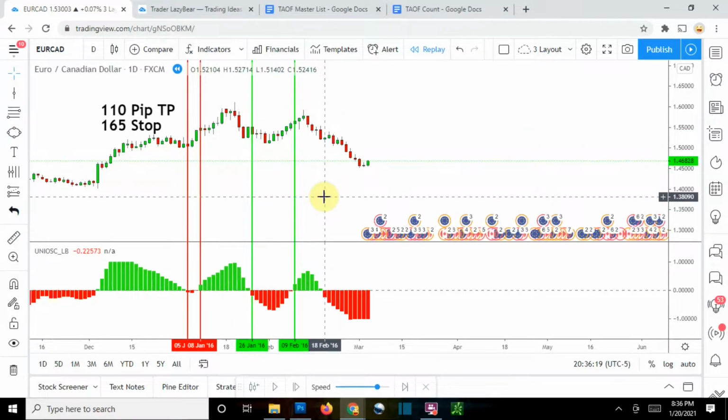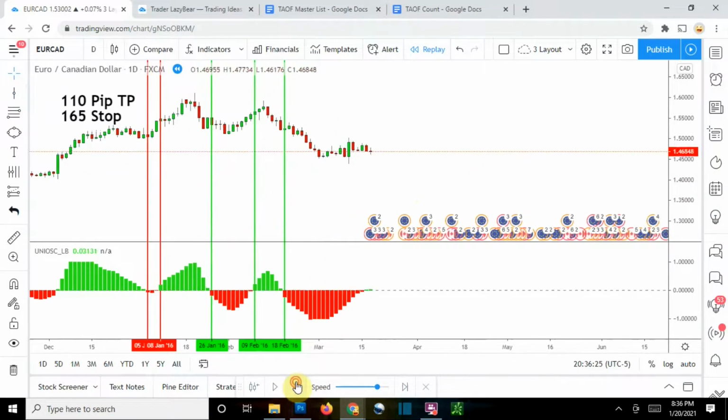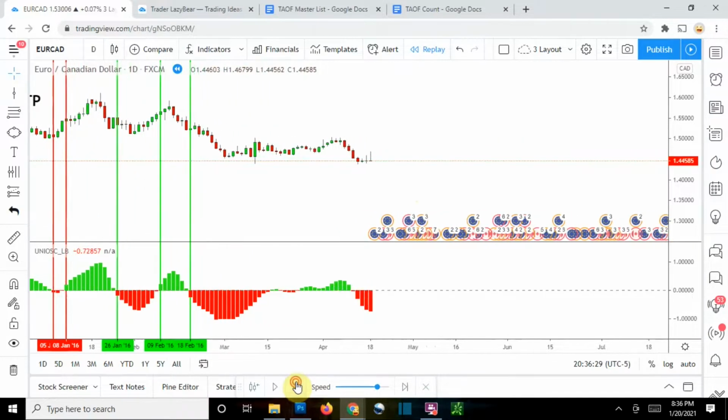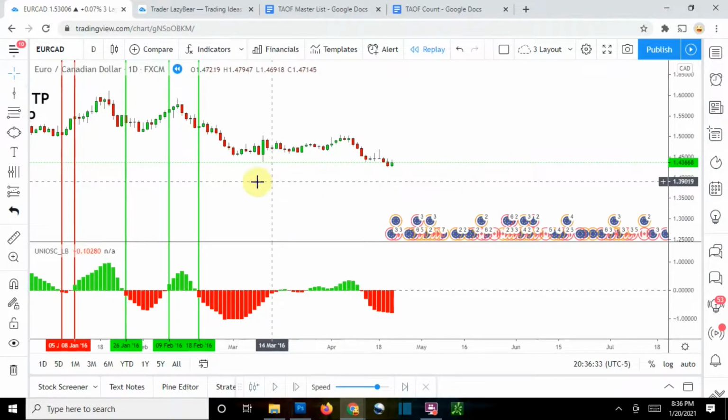Then we get a short right here. Again, another decent winning trade, and so starting to pick up steam just a little bit here on the trades. Play this out just a little bit more there.